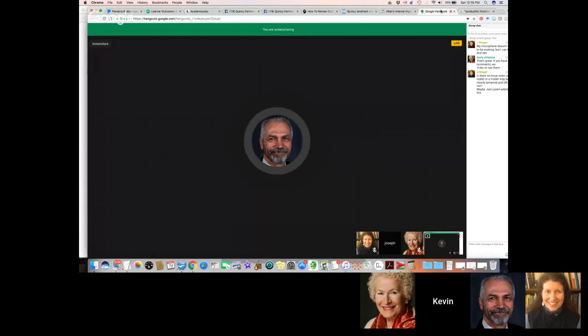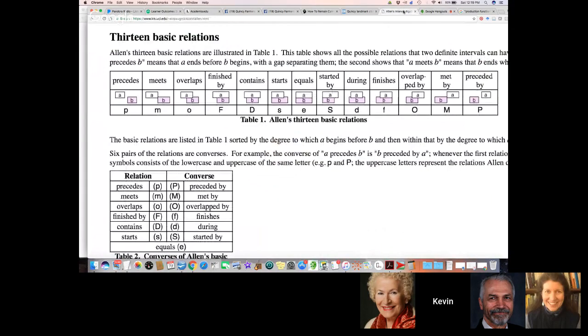Let's see, if I go back here to Kevin's presentation, then you can see the chart. Ah, there it is. There's the chart. So the name tags at the top, right? Precedes, meets, overlaps. Those are all natural language relationships.